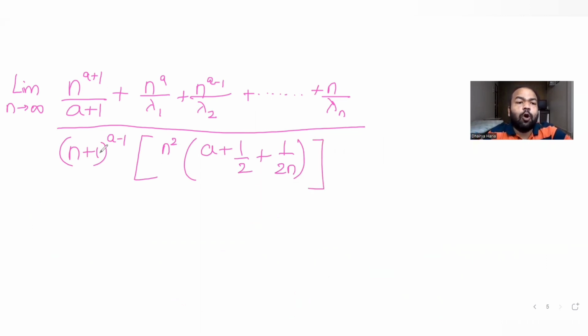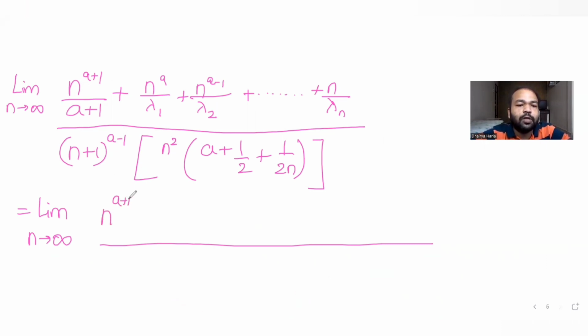Now if I take out common from both the numerator and the denominator, limit n tends to infinity. If I take out common from the numerator the highest power, it is n raised to a plus 1. So let's take out n raised to a plus 1 common. What I'll be left with is 1 upon a plus 1 plus, since we have taken out n raised to a plus 1 common, we have to divide by 1 more n.